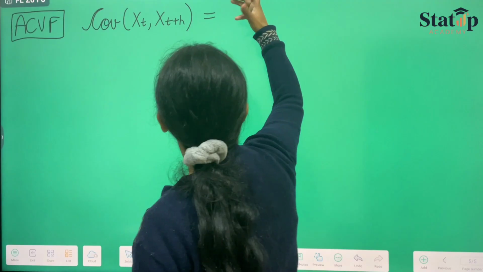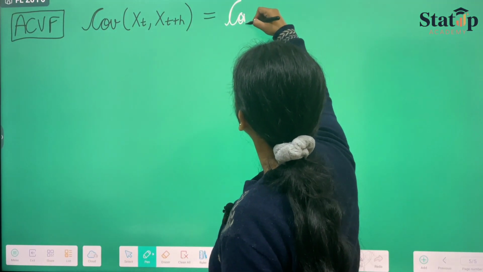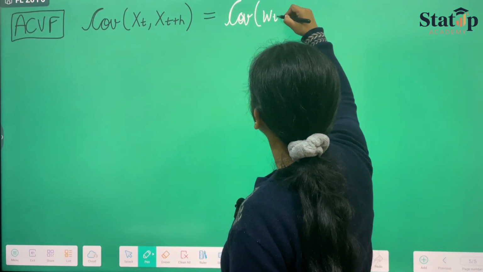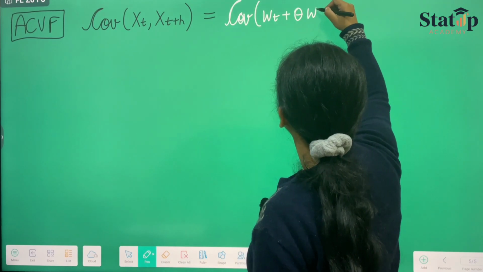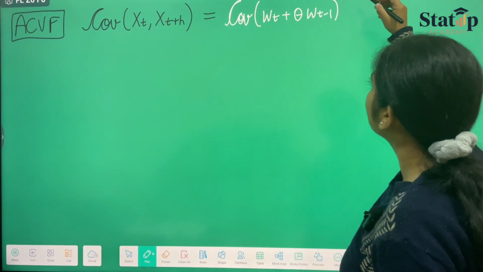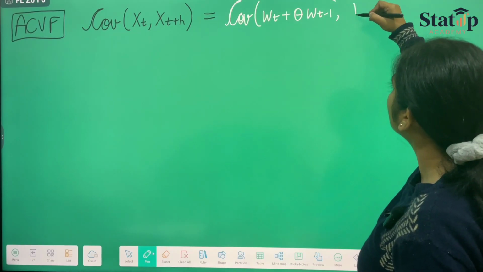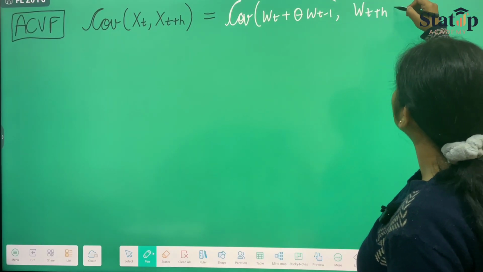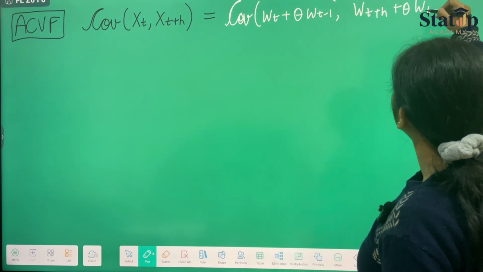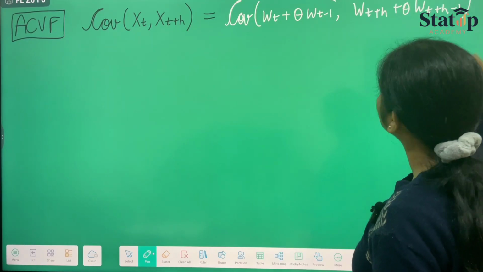So it would be covariance between the value of xt, which is wt plus theta wt minus 1, comma wt plus h plus theta wt plus h minus 1.